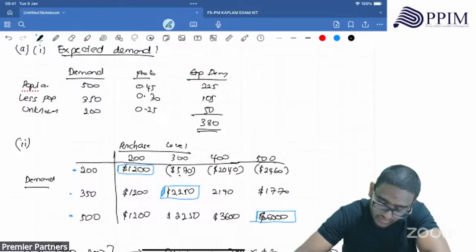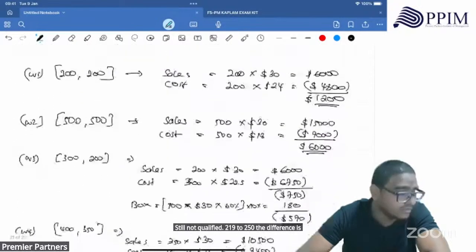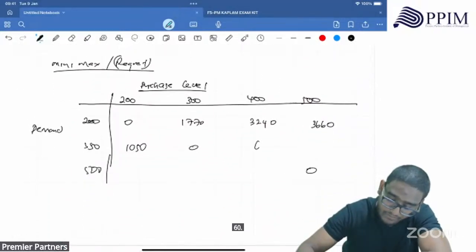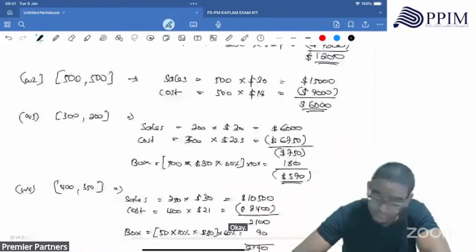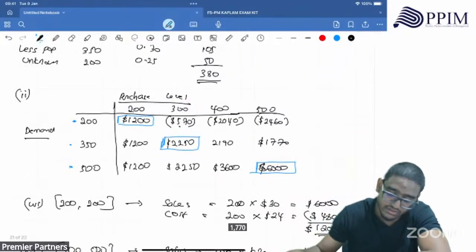Still not qualified. 2190 to 250. The difference is 250, 60. Okay. 500, 1770 and 2250. I can't read it mentally.